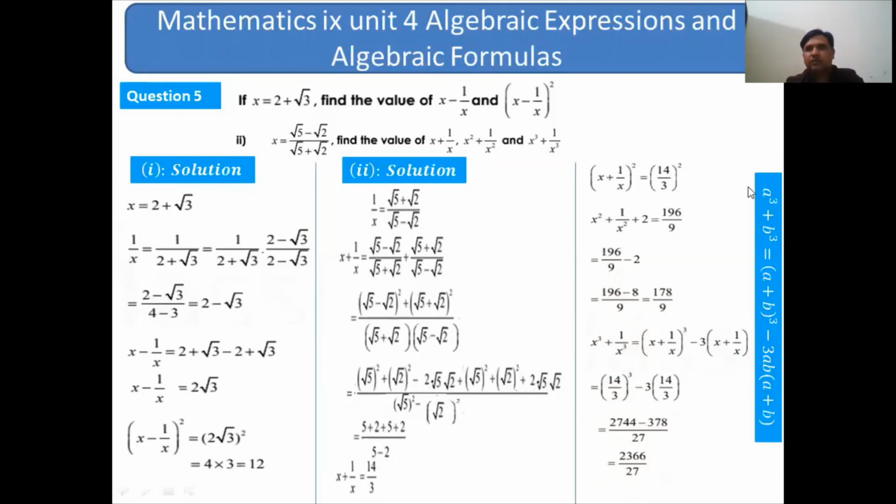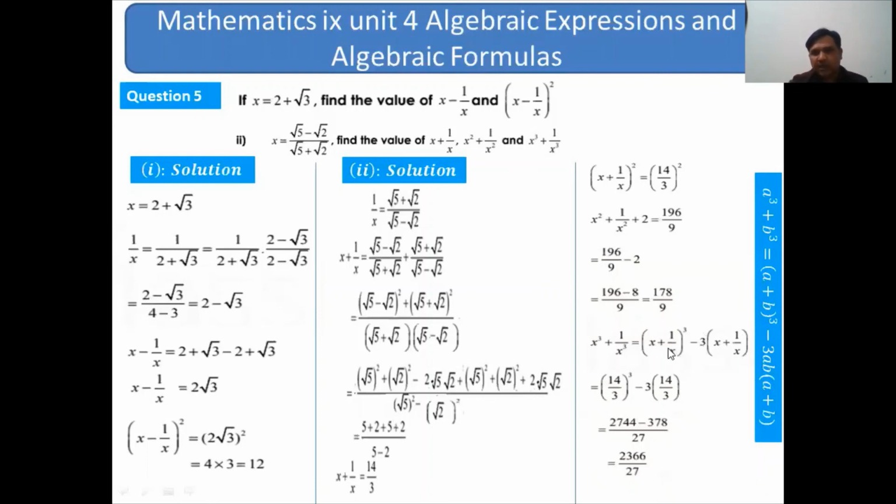And now we have to find the value of x cube plus 1 by x cube. So we can use this formula: a cube plus b cube is equal to a plus b whole cube minus 3ab times a plus b. So x cube plus 1 by x cube is equal to x plus 1 by x whole cube minus 3. The ab cancels out and we are left with x plus 1 by x.